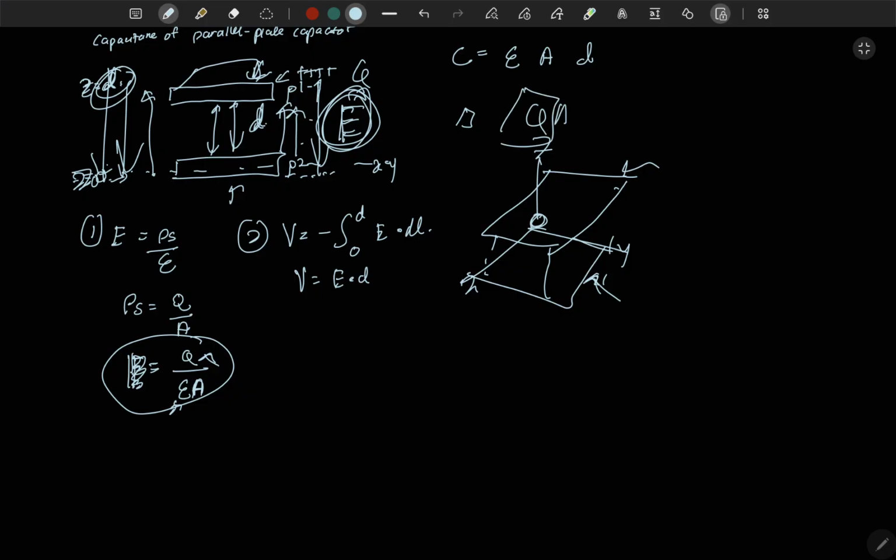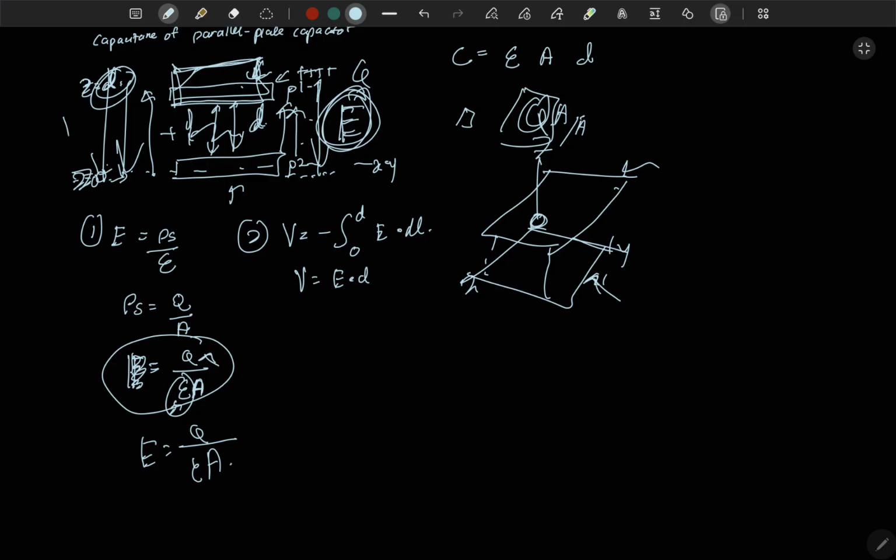What does permittivity stand for? Here is air. Maybe if we put oil, it has a different permittivity. So the electric field is charge over permittivity and the area of the plate.